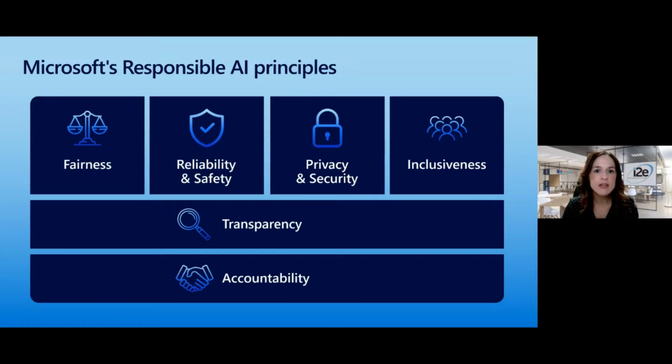All of these principles can be dug into deeply on Microsoft's Responsible AI Principles site, which I've just posted for you in the Q&A. And I'll also share again at the end of this session. So these are things that Microsoft is committed to when developing AI tools.